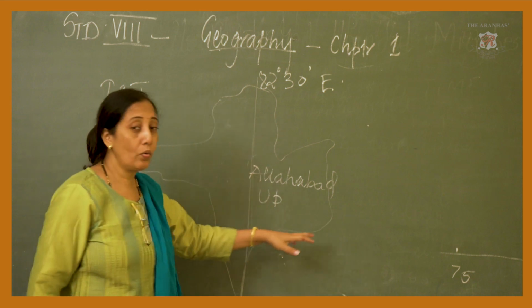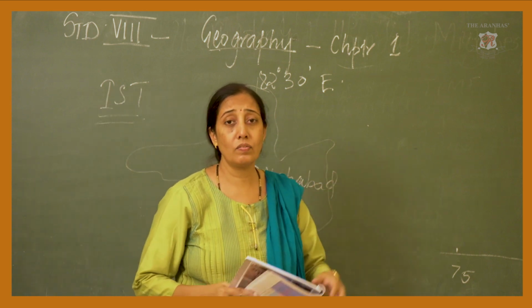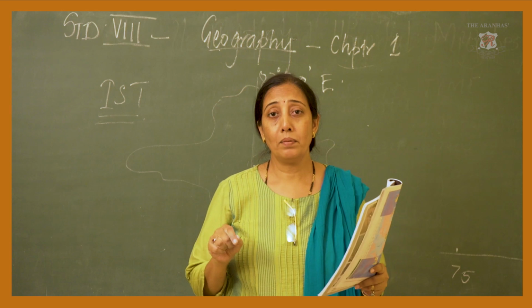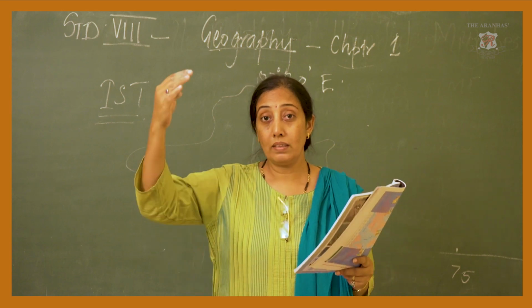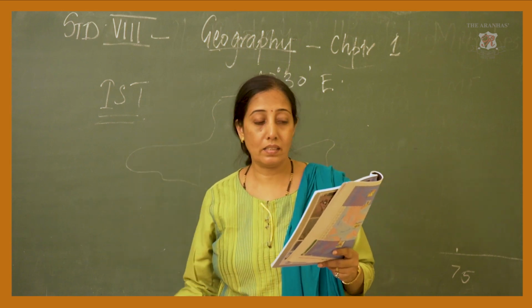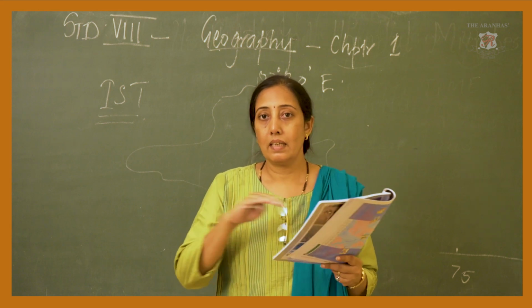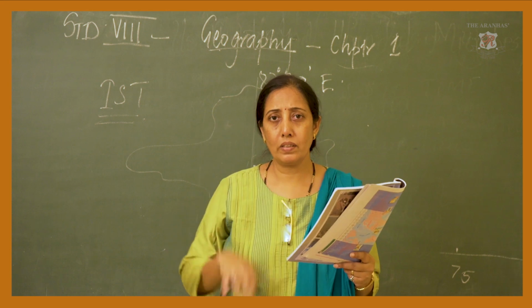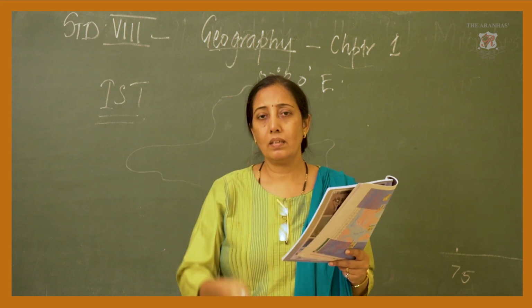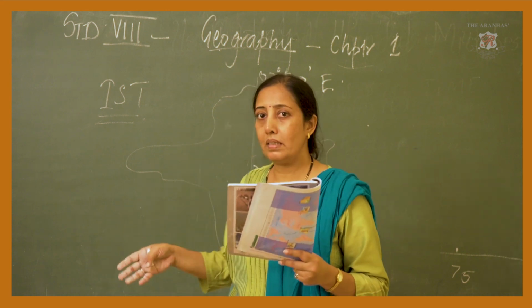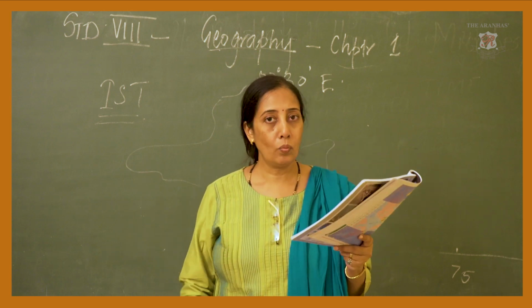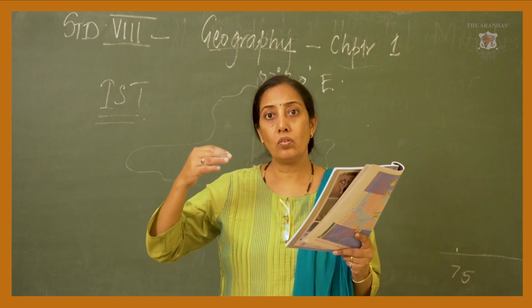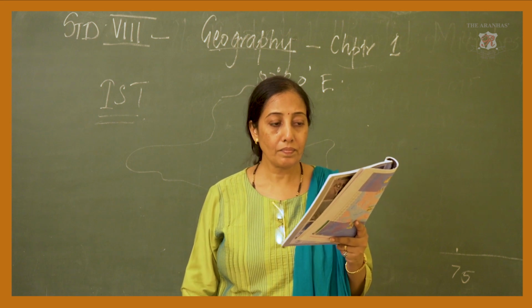We have seen this 0 and all, so it is lying to the east, and we have seen on the world map that India lies in the northern hemisphere and in the eastern hemisphere. The equator divides the world into the northern hemisphere and southern hemisphere. You can see the Greenwich, that is the prime meridian, dividing it into east and west. So India lies in the northeastern part.